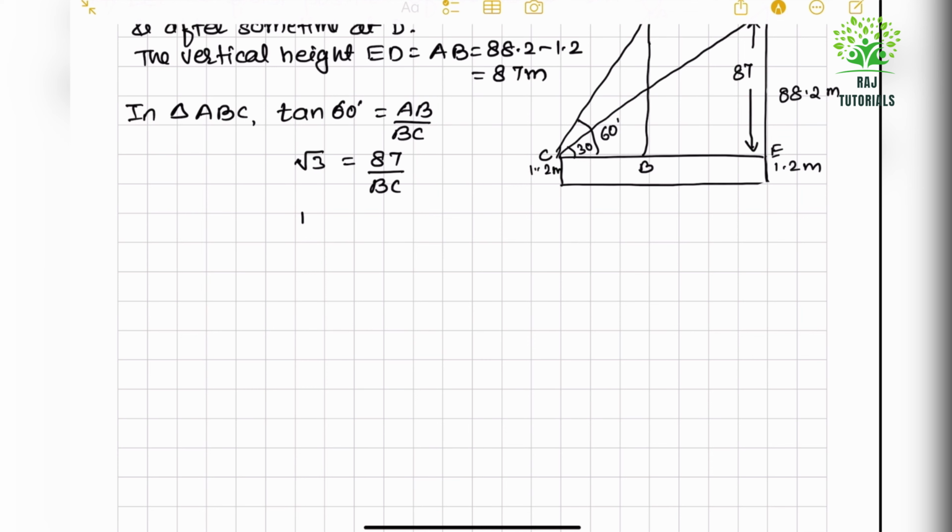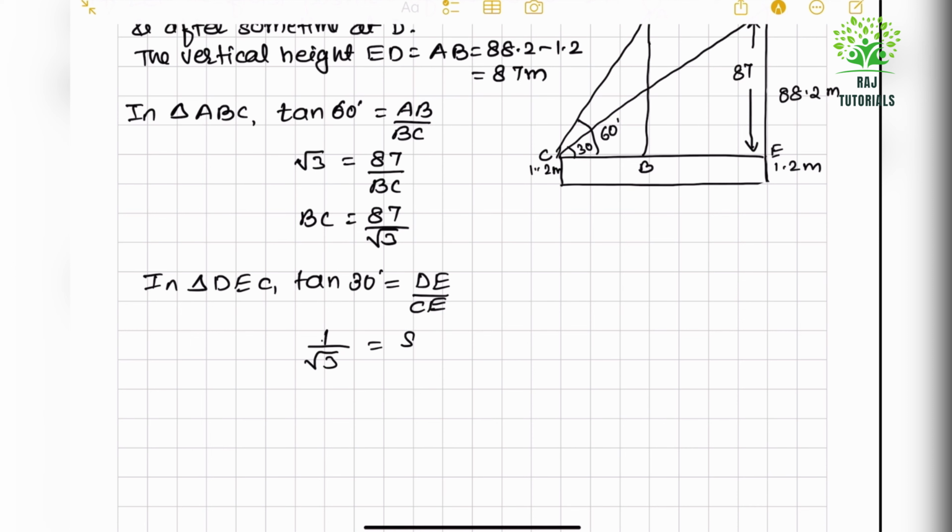ABC, tan 60 degree will be AB upon BC. So I can say root 3 equal to 87 upon BC. So I can say BC equal to 87 by root 3.